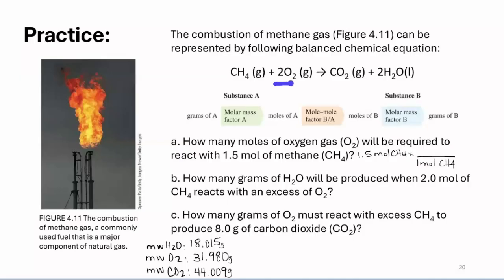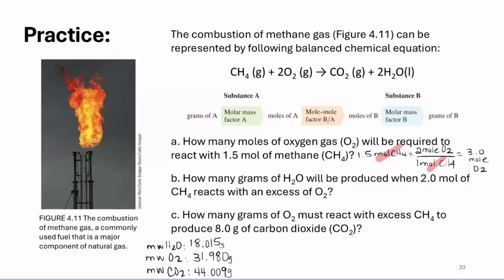So I look at the coefficient of O2, and because there's a 2, this corresponds to 2 moles of O2. When it comes to units, moles of CH4 cancel with moles of CH4. So when I take 1.5 and multiply it by 2, that means that in this reaction, if I'm reacting 1.5 moles of CH4, this required 3.0 moles of O2.